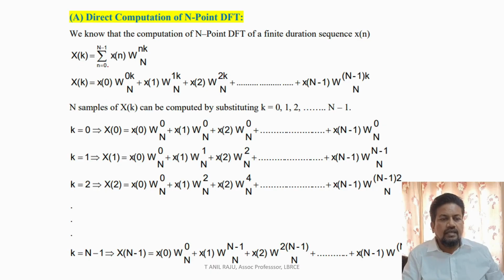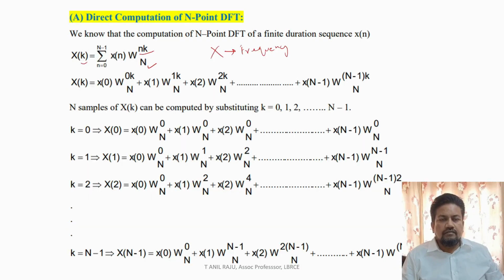X of k equals the summation from n equal to 0 to N minus 1 of x of n times W power nk, with capital N. Let me explain all these terms. Capital X defines the frequency domain representation, and k represents the frequency coefficients.